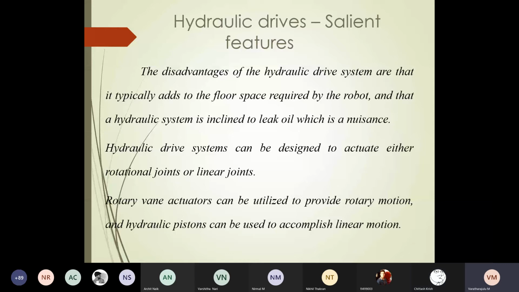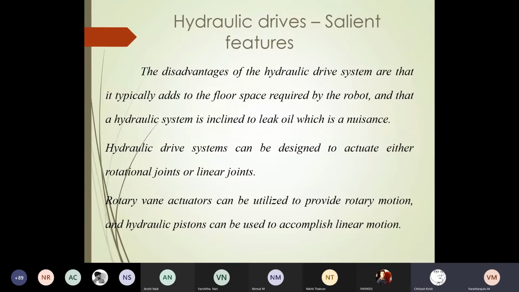Sum of the pressure or energy... Pressure energy will be converted to kinetic or gravitational. Yes, very good.